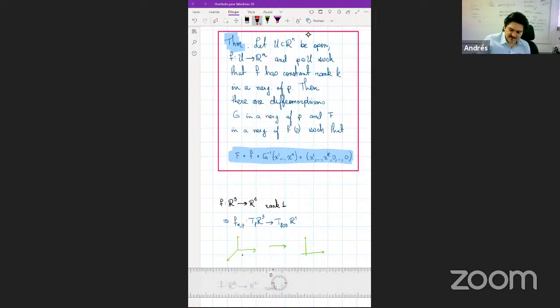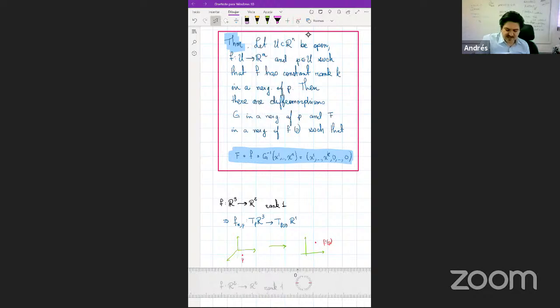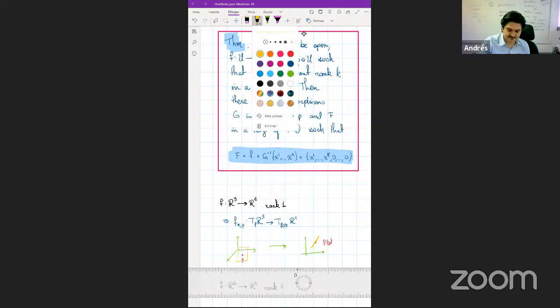If you have a point here, this is f of p. So if you think about this, at P you have the tangent space, which is three-dimensional. Because you have a map of rank 1, the image is going to be a one-dimensional subspace.